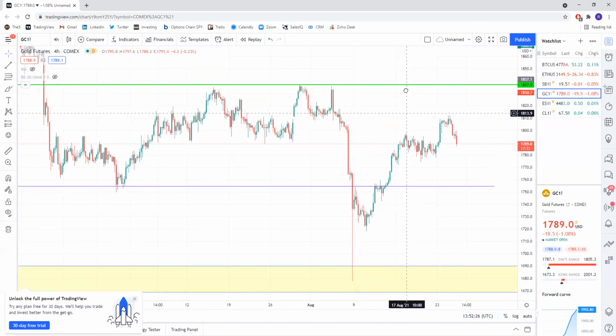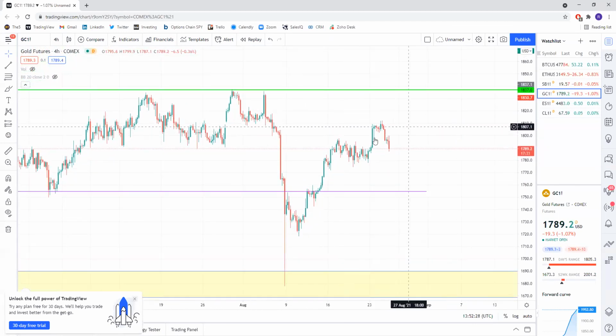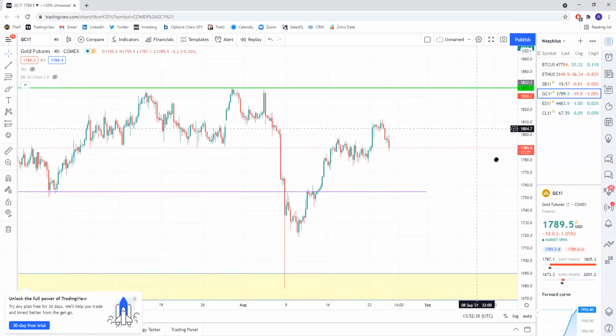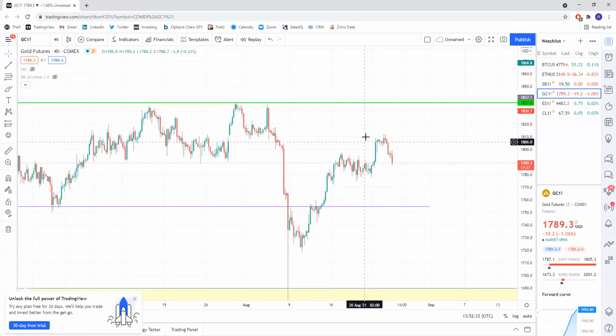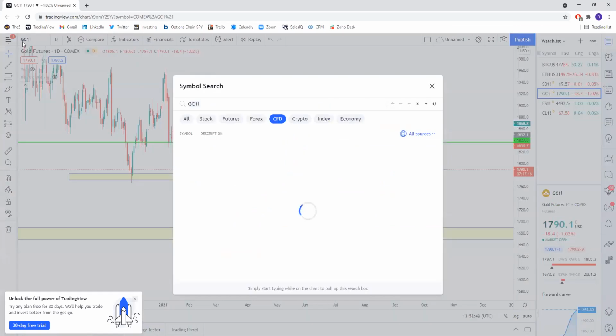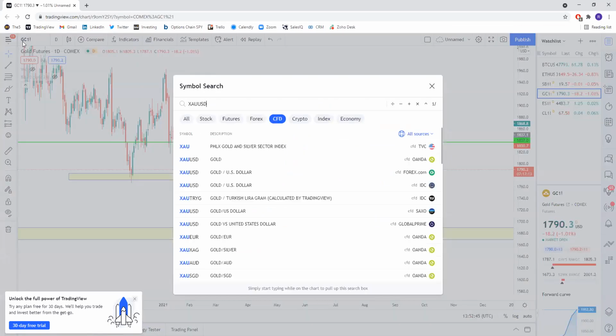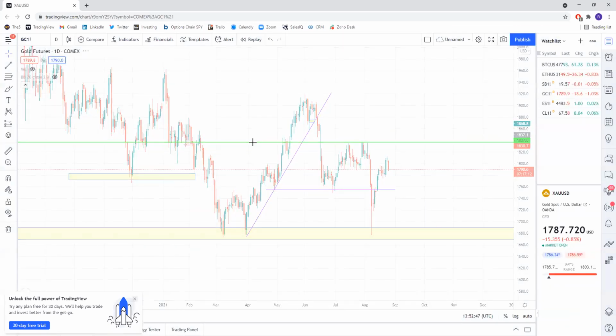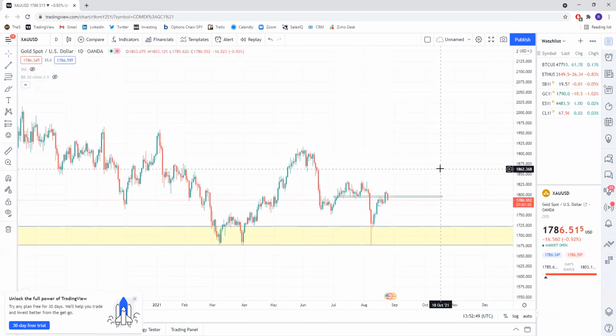So it's not XAU USD, but it's kind of the same. It's actually the futures of gold. I think maybe we should go to XAU USD because there is some gap here, and it will be more technical to talk about.